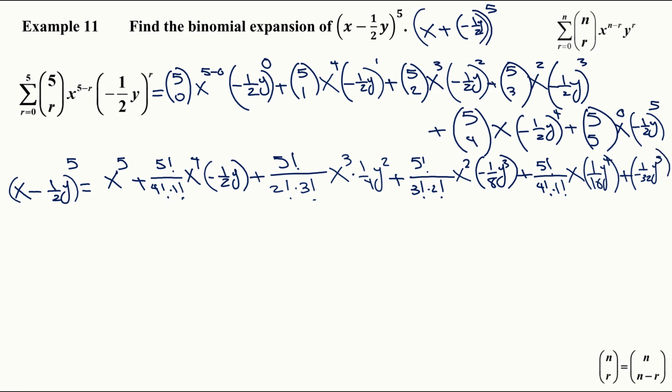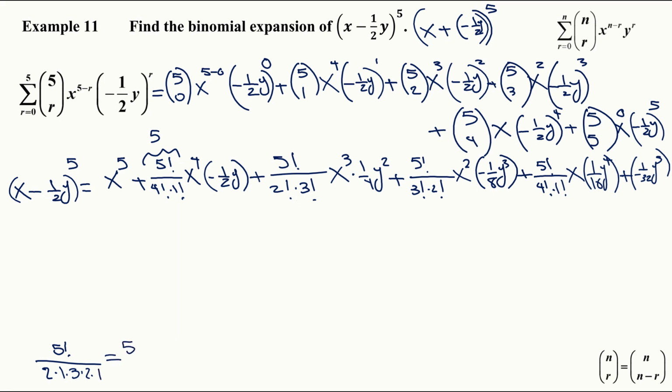All right, a little bit more simplification and we'll be done. We already did 5 factorial over 4 factorial times 1 factorial. Remember, that's just 5. Now, I'm going to do some scratch work down here. 5 factorial divided by 2 times 1, I'm handling this one right here, times 3 times 2 times 1.